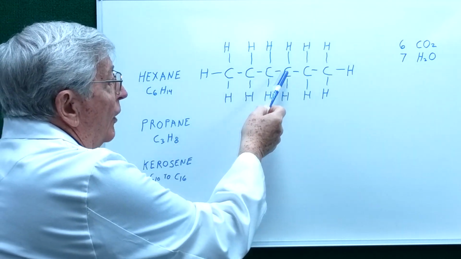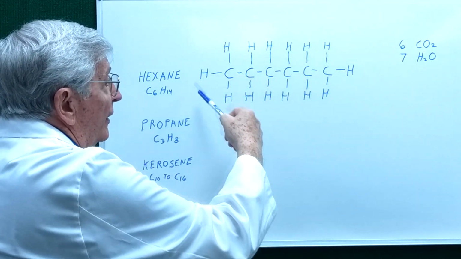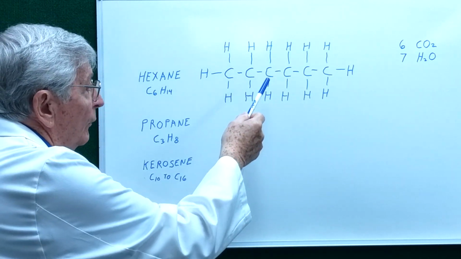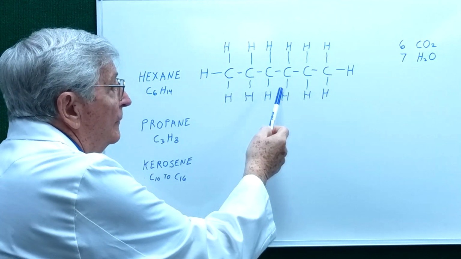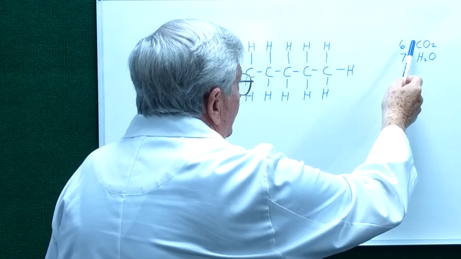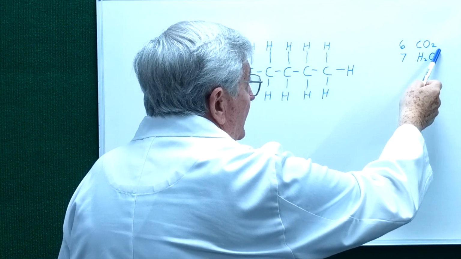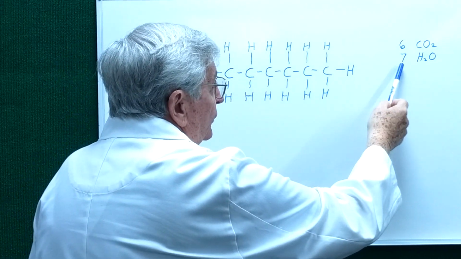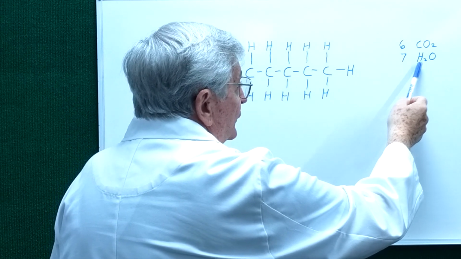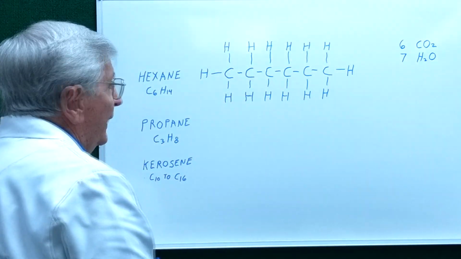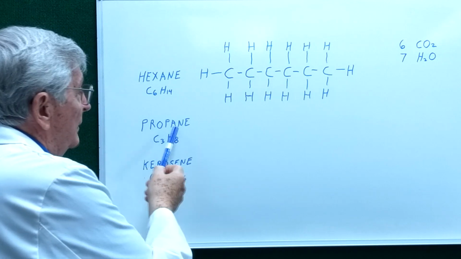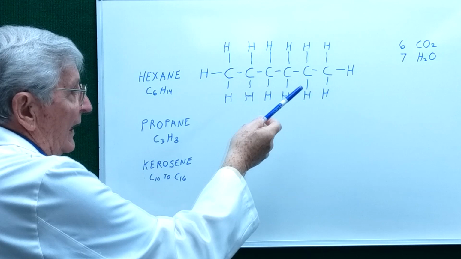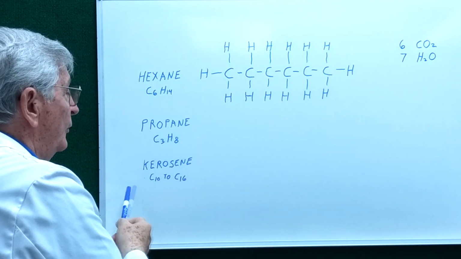So there's 6 carbon atoms and 14 hydrogen atoms. Now, when we burn hexane, we're going to get 6 molecules of carbon dioxide, CO2, and 7 molecules of water, H2O. Similar things happen with propane. You just get less CO2 and less water vapor.